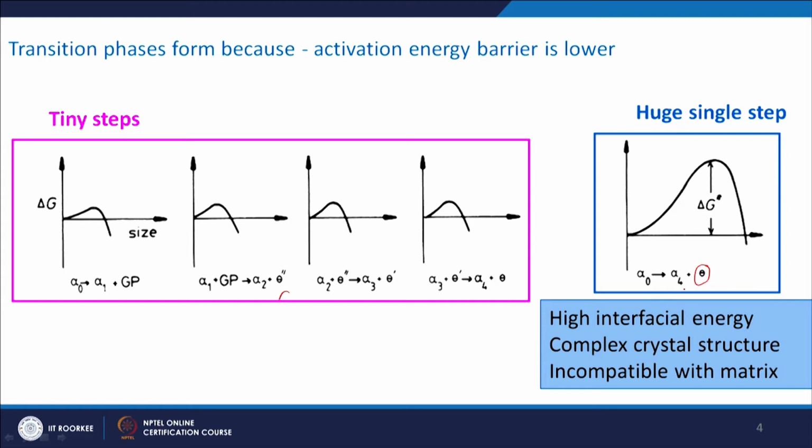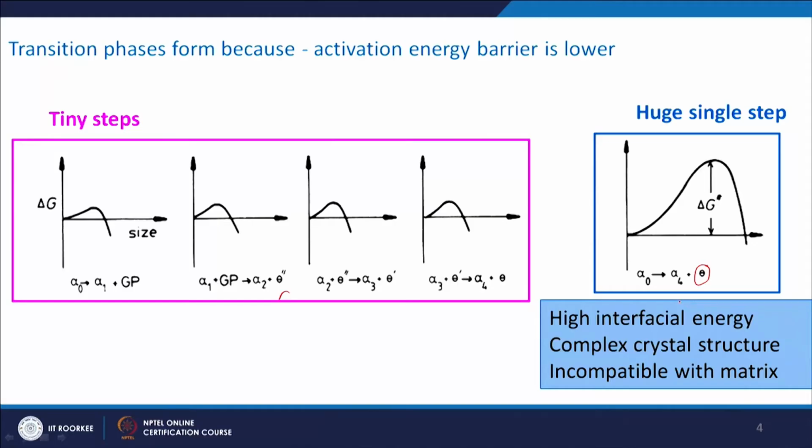Why we do not want that? Because it has a complex crystal structure, and because of that you have high interfacial energy, and it is incompatible with the matrix, okay. So it is not going to form within the grain when you do one single operation. It is always going to form on the grain boundary, where it can accommodate, or where it can minimize the formation of a new phase by destroying the grain boundaries. So the destruction of the grain boundary actually provides the driving force for formation of this theta precipitate on the grain boundary.